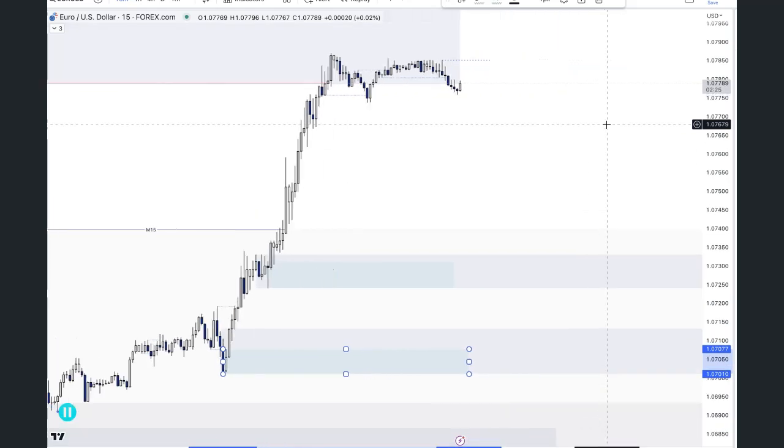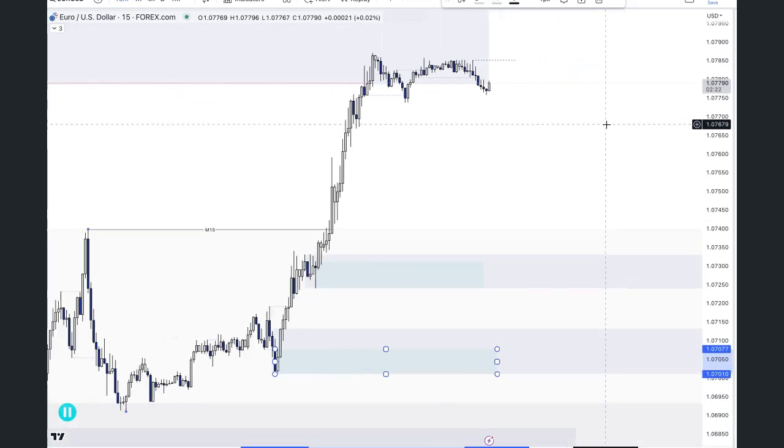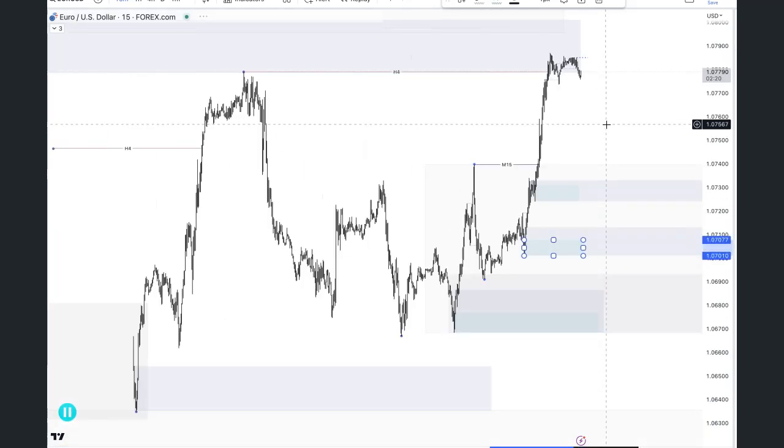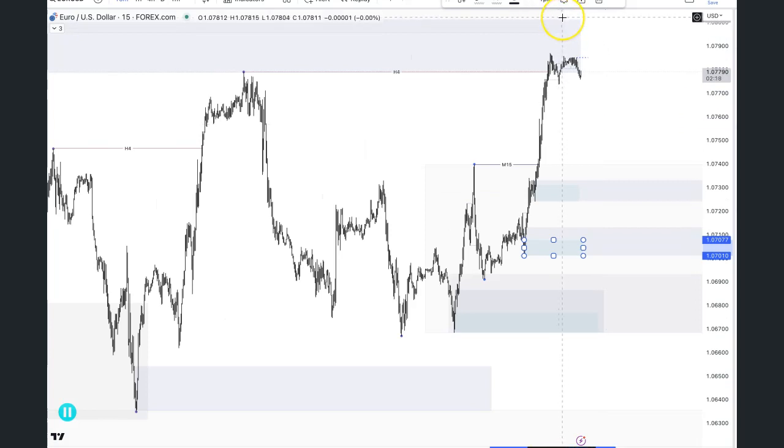But otherwise, right now, my bias is still bullish, and I expect price to pull up into this daily zone on top, and then maybe come down, although we are very, very overextended on the M15. So that's it. Wait for more price action to develop, and we'll take it from there.